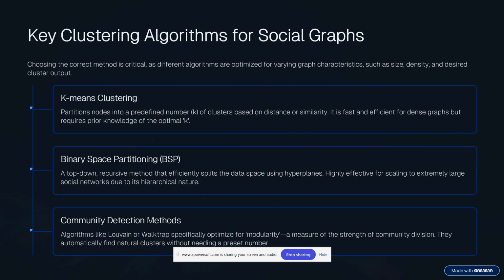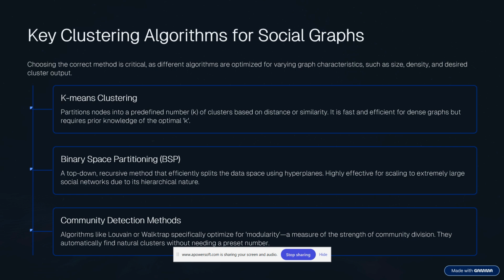It is fast and efficient for dense graph but requires prior knowledge of the optimal k. Binary space partitioning (BSP) is a top-down recursive method that efficiently splits the data space using hyperplanes, highly effective for scaling to extremely large social networks due to its hierarchical nature.